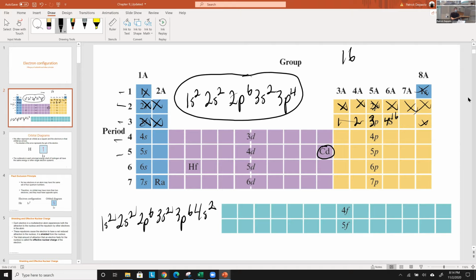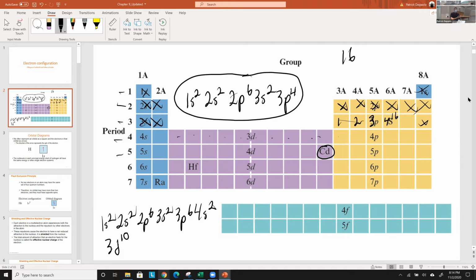Now, what happens now? It's not 4d, it's 3d. 3d, how many electrons are in D? 10, good. So you can count 1, 2, 3, 4, 5, 6, 7, 8, 9, 10. So then we have, we'll write on the next line, 3d10.